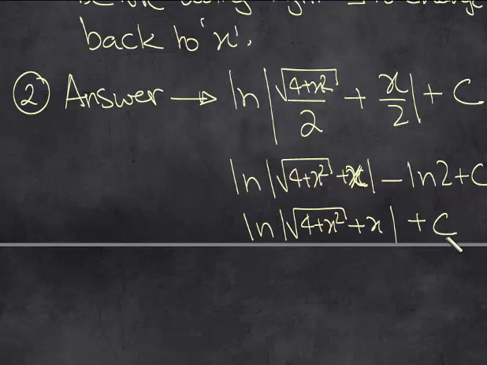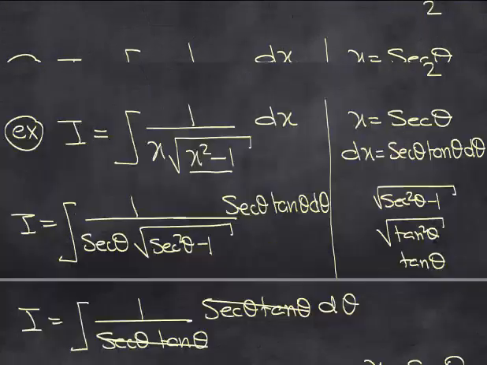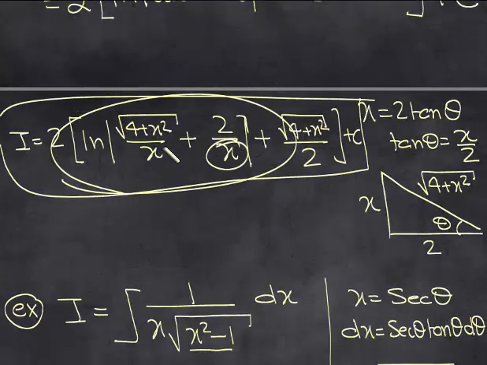So let's say I have x squared over the square root of x squared minus 16 dx. So I'll let you do this one on your own for a little bit.